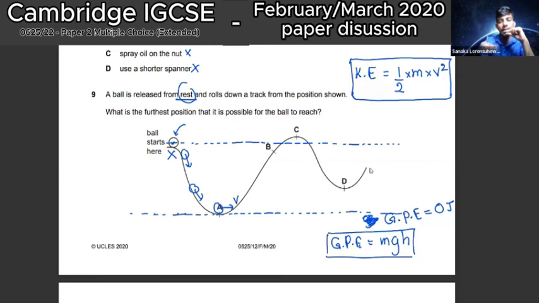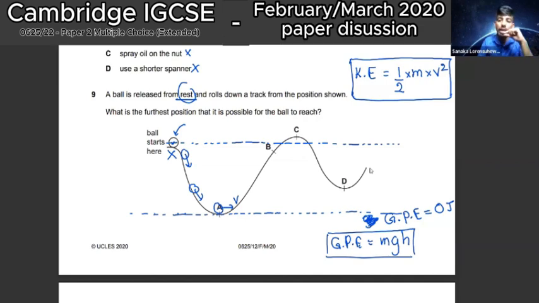Gravitational potential energy is decreasing up to A. Then in position A, the ball has a velocity, which means it has kinetic energy.